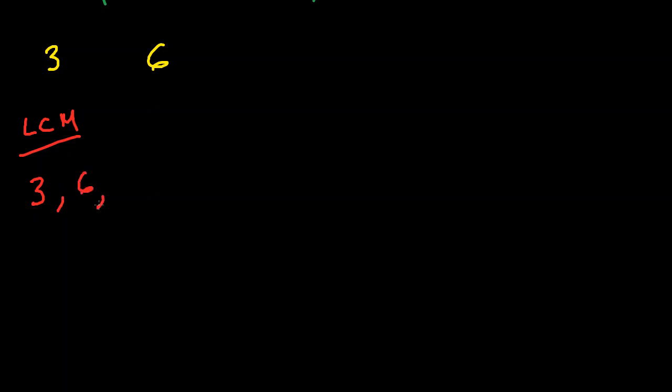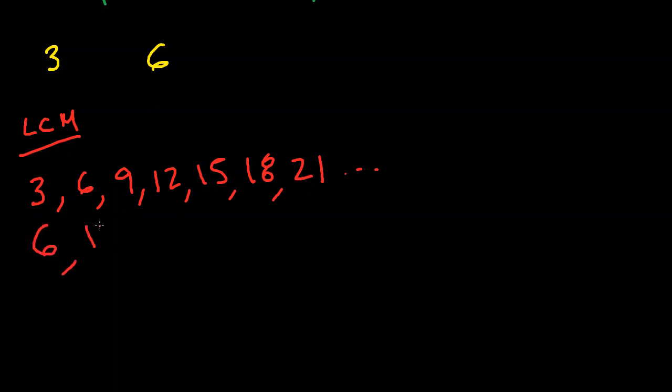So we have 3, 6, 9, 12, 15, 18, and 21, and we can keep going. And then we make a list of the multiples of 6. So we have 6, 12, 18, 24, 30, and we can keep going.